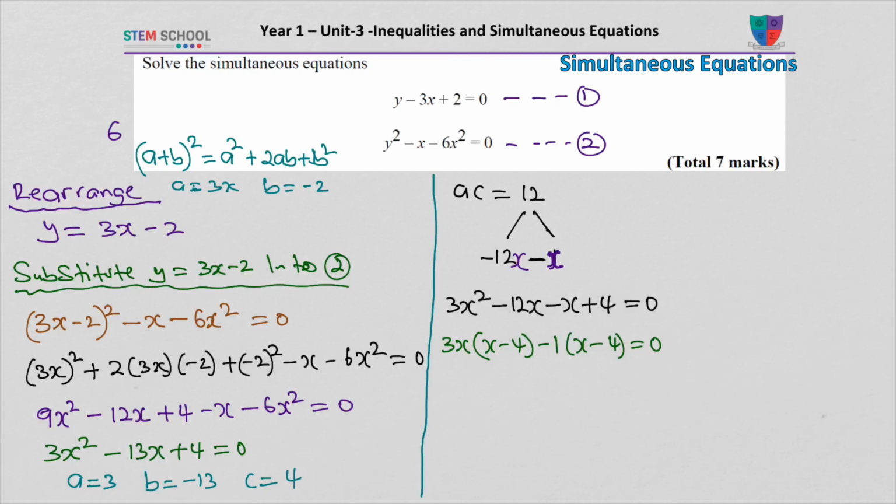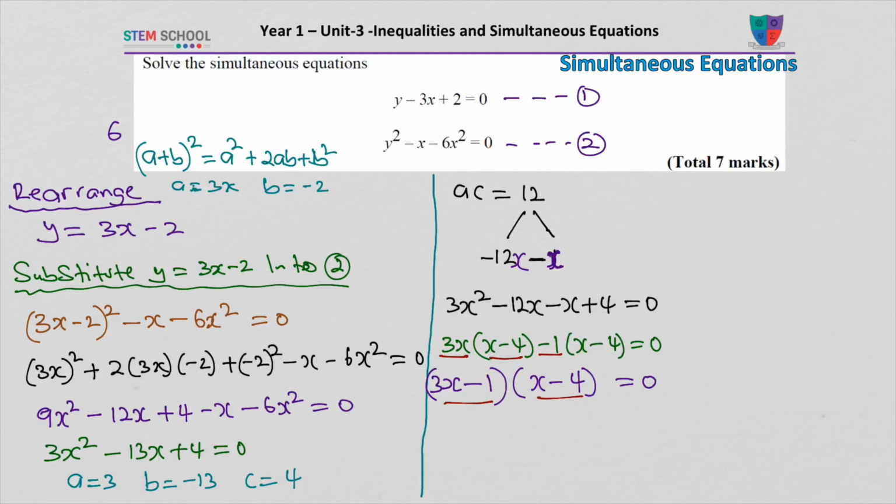Now I've got new factors. There's a common factor here, x minus 4, and x minus 4. Then I have 3x minus 1 left. So I've got 3x minus 1 left, and I've got x minus 4 as a factor.